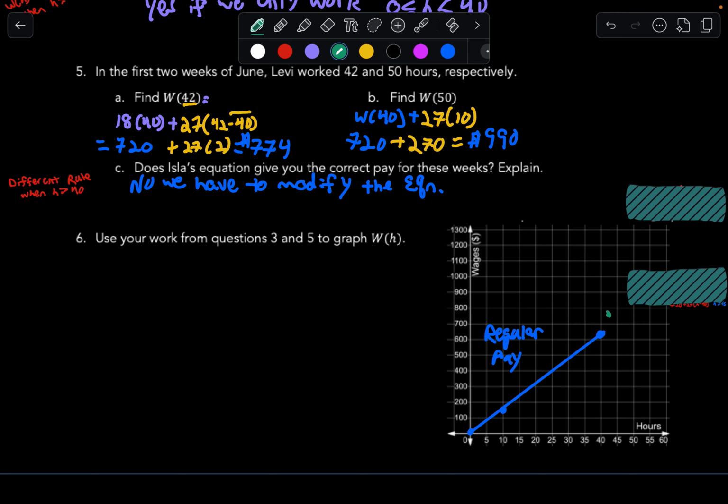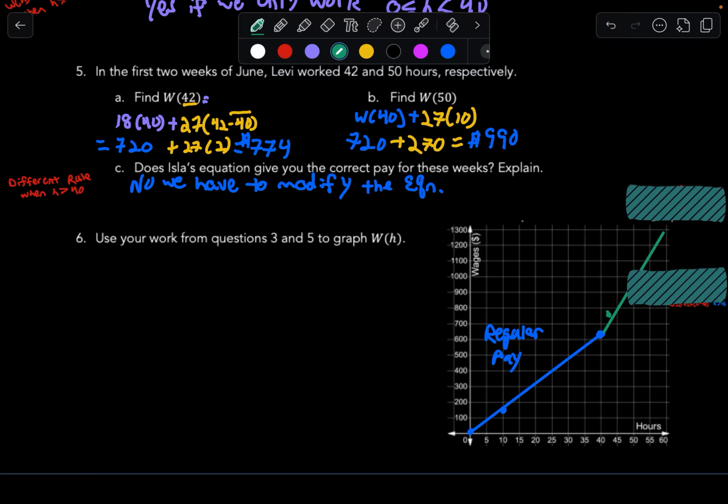And 990 when we're all the way out to 50. So here's 1,000. It's going to be right there, where I can't do it because I have it covered up. So we have $990, and it goes up like that.